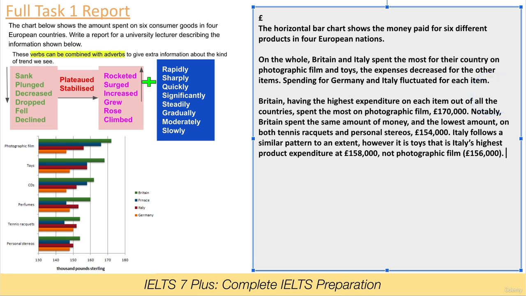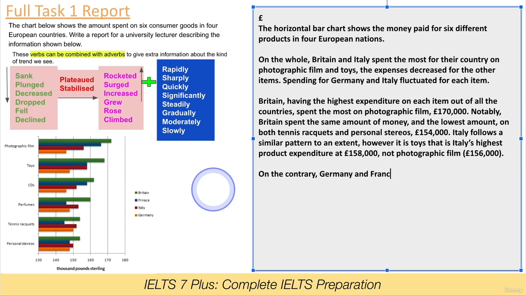Okay. So basically they follow a similar pattern, but they have different categories in which they spend the most. Right. I think that's good. We've compared, we've contrasted. Now we could go on to Germany and France. So, on the contrary, on the other hand, really good phrases there.